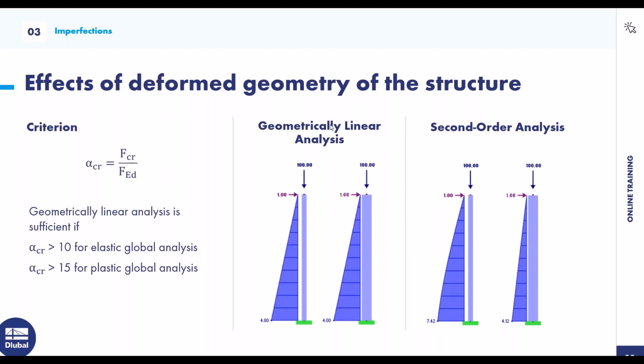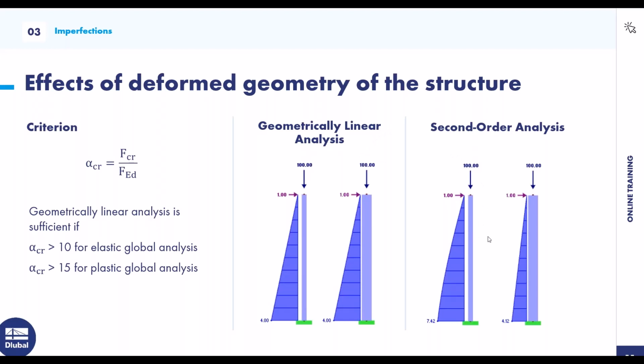The geometrical linear analysis is an equilibrium formation on the undeformed system, and the second order analysis is an equilibrium formation on the deformed system.